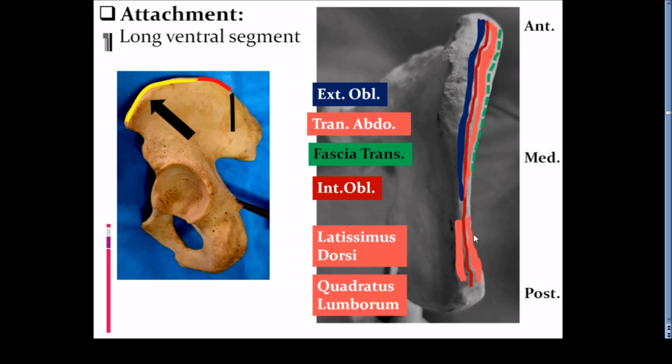Medial to it there is the fascia transversalis in the anterior 2/3 part, and thoracolumbar fascia around the attachment of quadratus lumborum. So these are the attachments on the long ventral segment of the iliac crest.